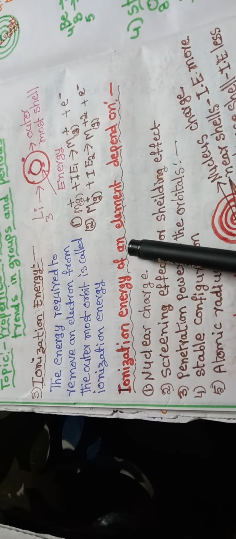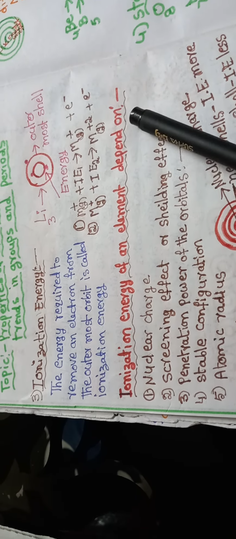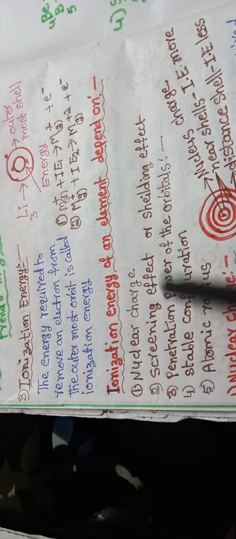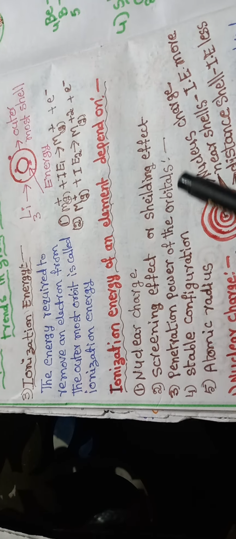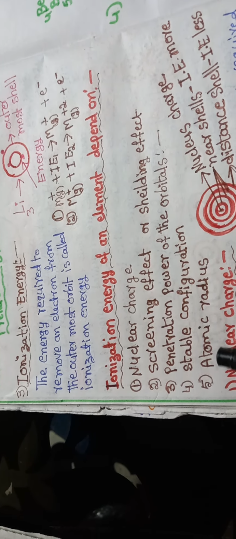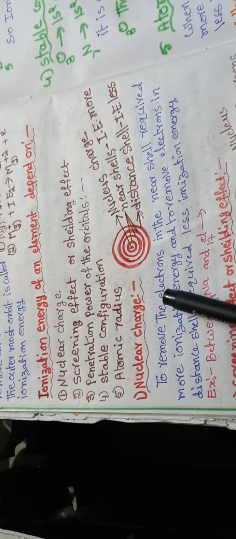The ionization energy of an element depends on nuclear charge, screening effect or shielding effect, penetration power of orbitals, stable configuration, and atomic radius. First, nuclear charge.